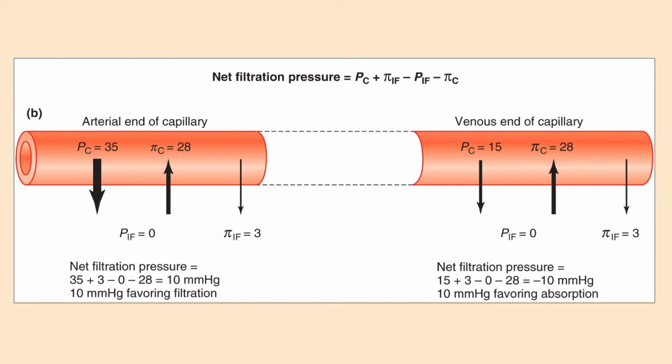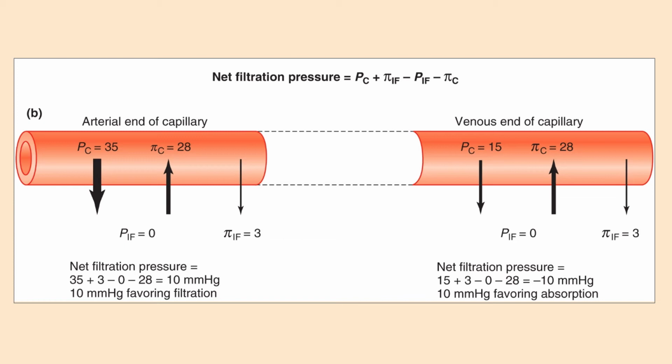Our second force down below is PIF. That remains unchanged. So for this particular tissue, there's essentially no hydrostatic pressure being exerted by the interstitial fluid against the wall of the capillary. Moving on, we see pi sub C. That's the osmotic force caused by plasma proteins. The concentration of plasma proteins in blood hasn't changed.